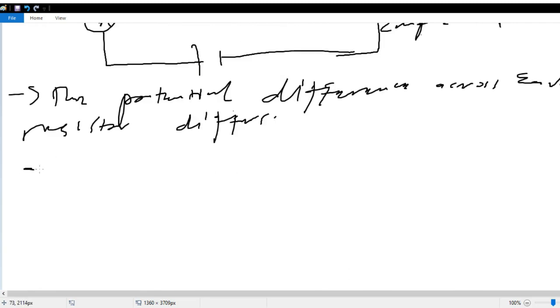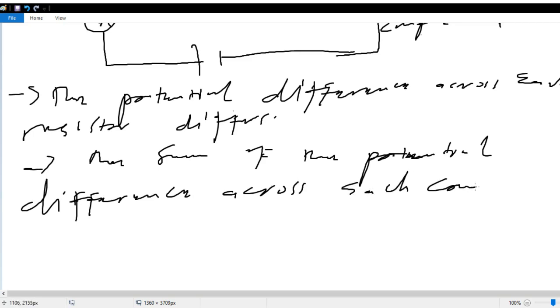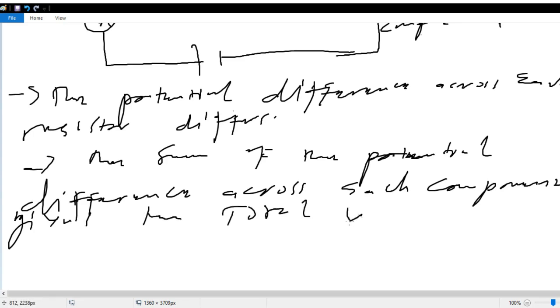So the sum of the potential difference across each component gives the total voltage, and this total voltage is the electromotive force.